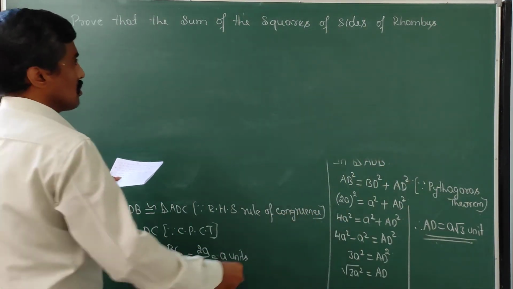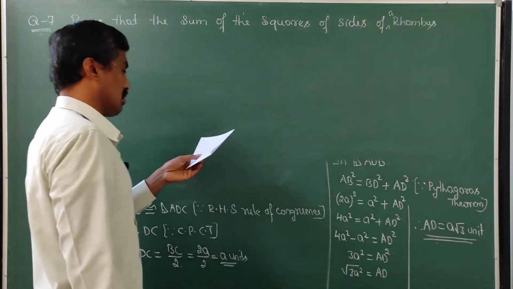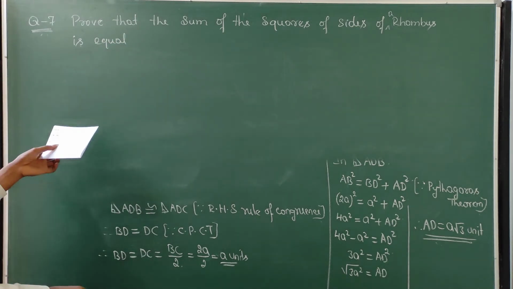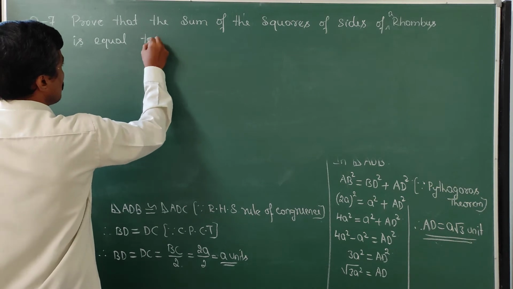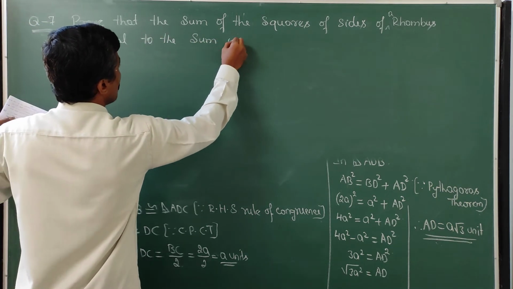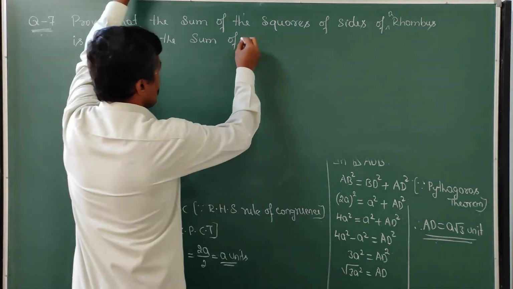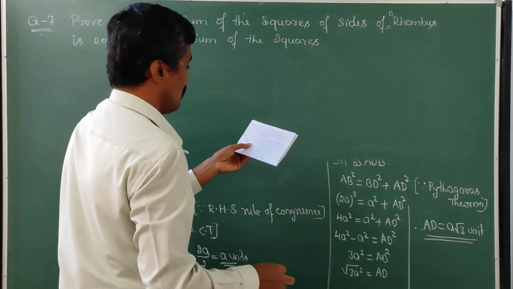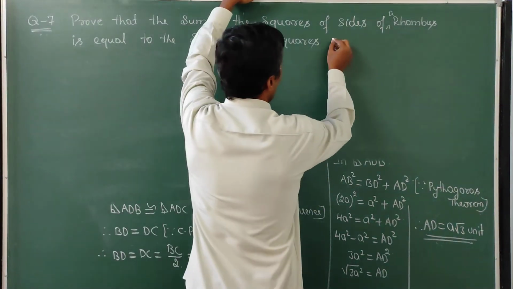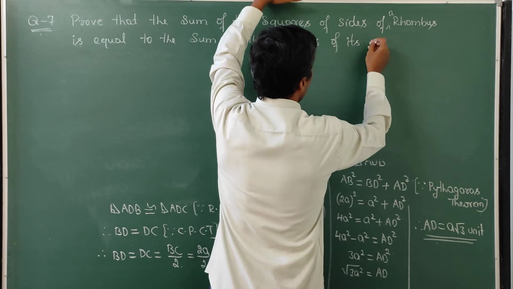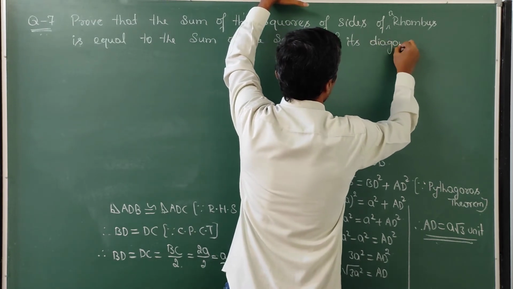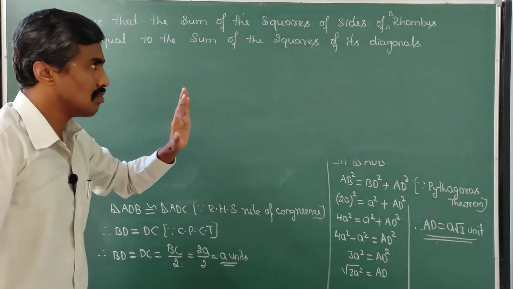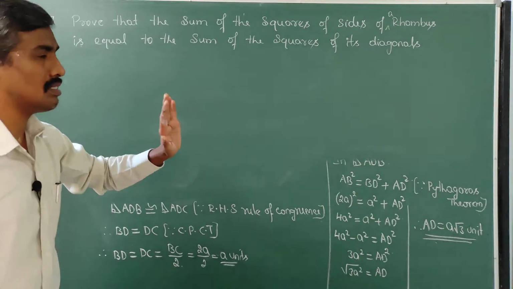They are talking about the squares of sides of a rhombus and the squares of its diagonals.